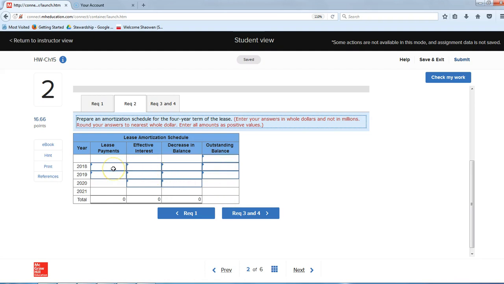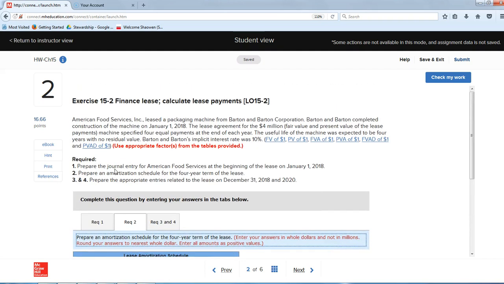But how much should each lease payment be? We know all these lease payments in the coming 4 years have a present value of $4 million here. But how much should each payment be? So we will do a calculation.